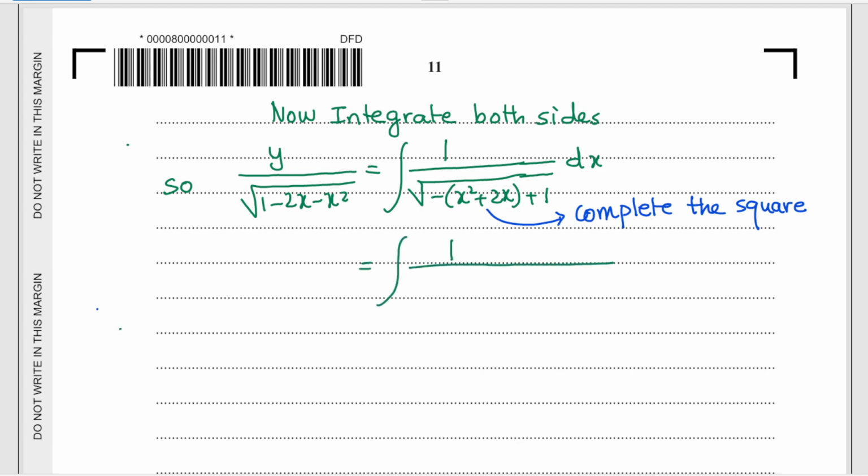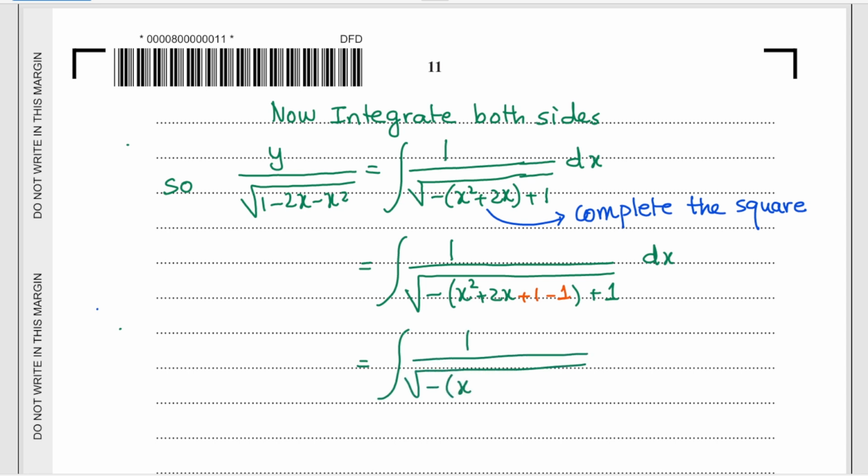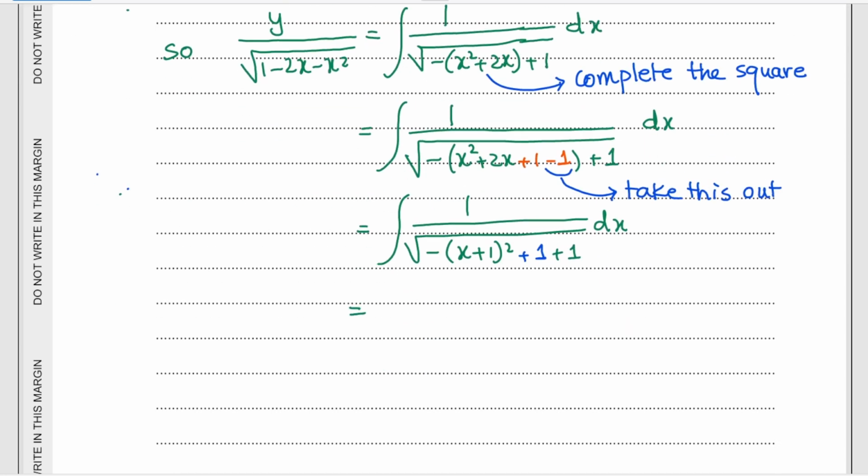So I get the integral of 1/√(-x² + 2x + 1), and this is the perfect square, minus 1 and then plus 1 outside, which equals the integral of 1/√(-(x + 1)² + 1 + 1), take the minus out, which equals the integral of 1/√(2 - (x + 1)²).